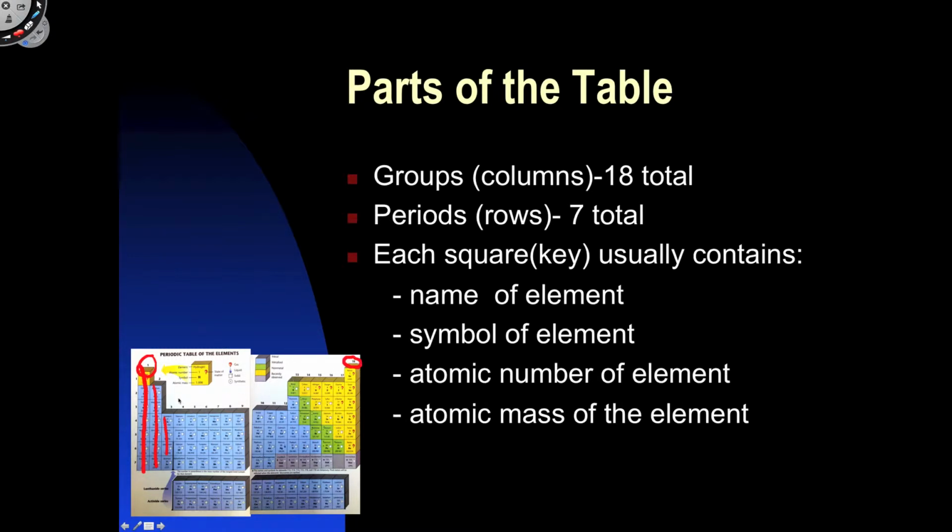There are other periodic tables where you have A and B subgroups, but the general idea these days is we just number them from left to right, 1 through 18. So there's 18 columns. No, these guys down here are not part of any group. We'll talk about those guys later.